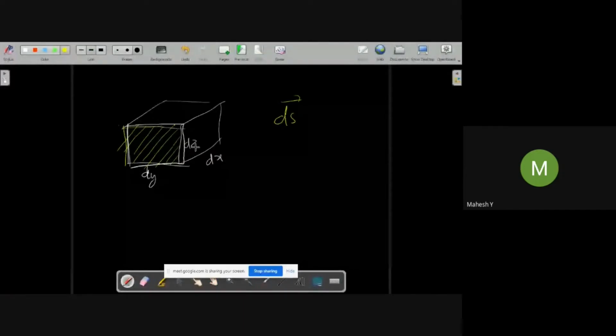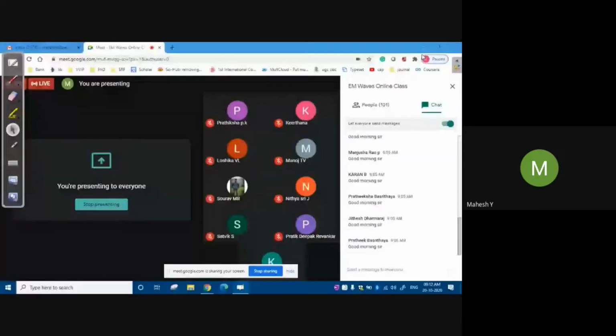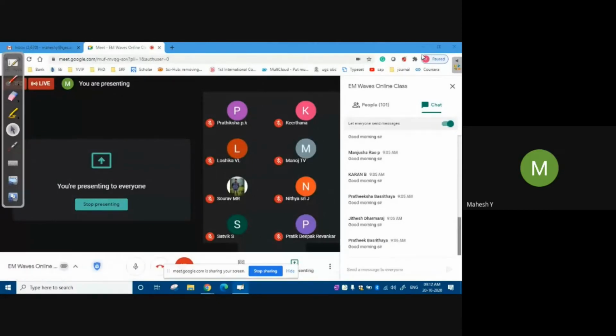What is the area of this one with the direction? You have to tell. This is x direction, y direction, z direction. No answers. dS means the area of that surface. Am I audible?